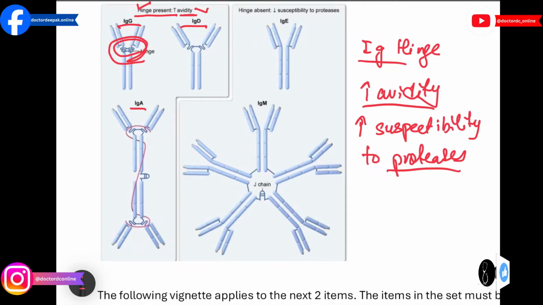However, the long hinge regions are more susceptible to destruction by bacterial proteases, like the IgA proteases present in bacteria, which will destroy their antibodies.